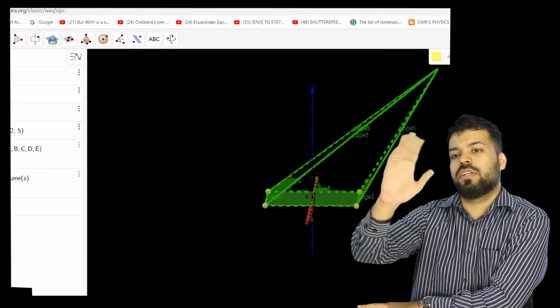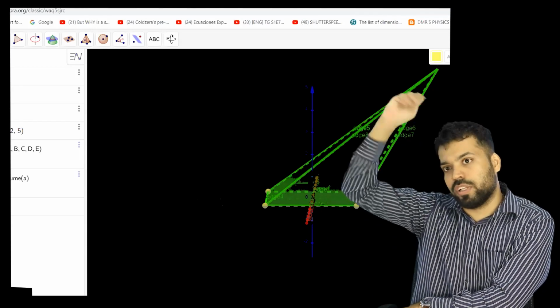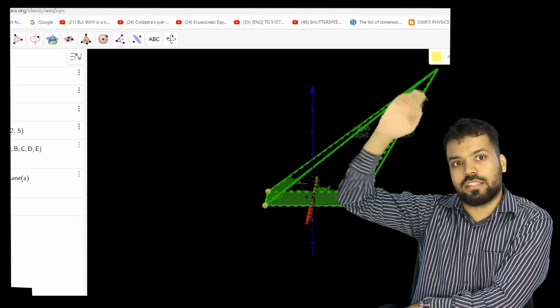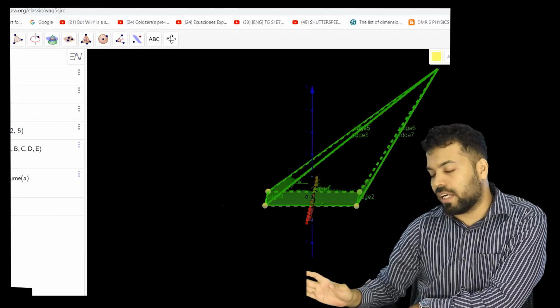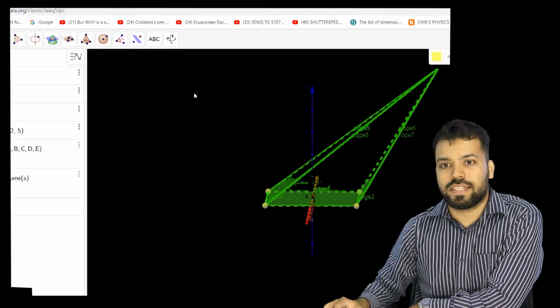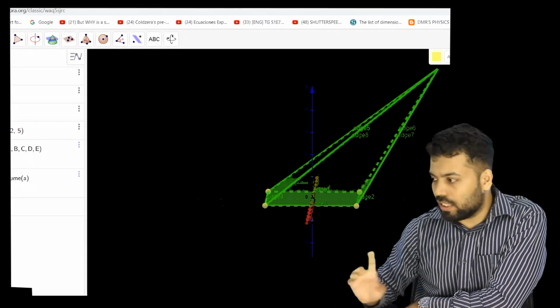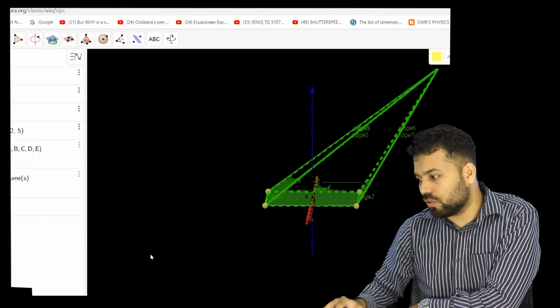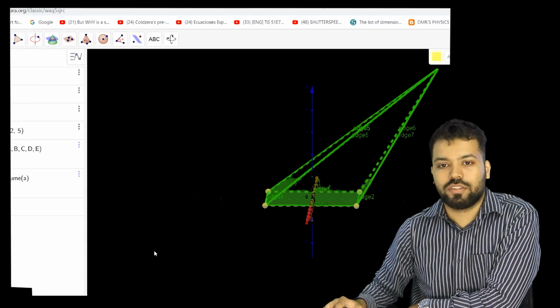So it doesn't matter whether you are moving the top vertex or apex, as long as it is at the same height and you have the same square base, your volume will remain the same. This is the learning, this thing we need to know. Any doubt here, students?